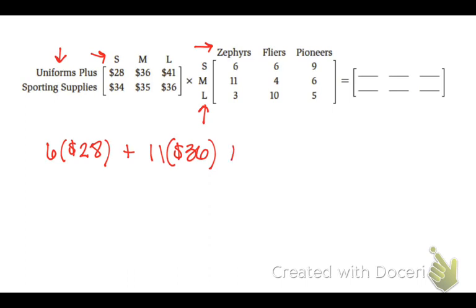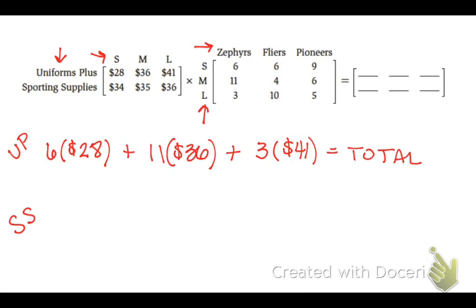And then for the large uniforms, I need 3 of those at $41 a piece. And I would add that together and they would give me the total that would cost for uniforms. And then I would also do the same thing for sporting supplies, and then I could compare the two totals and figure out how much it was going to cost for me to purchase these uniforms.